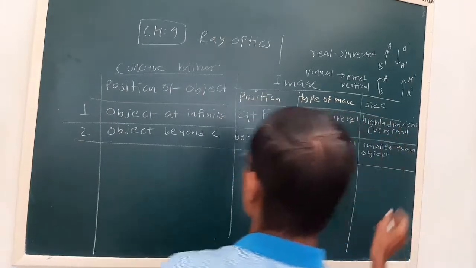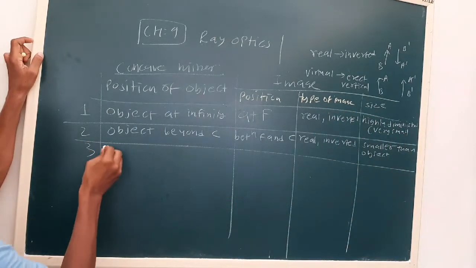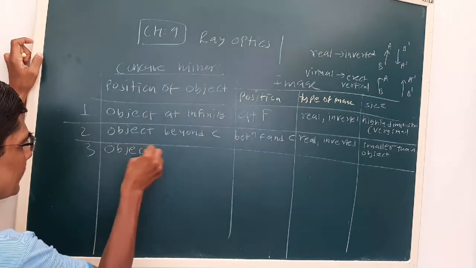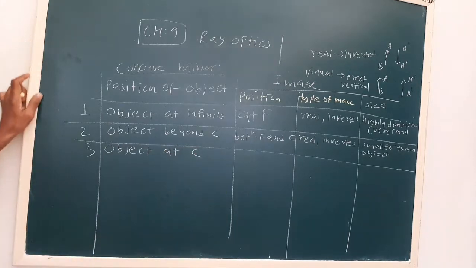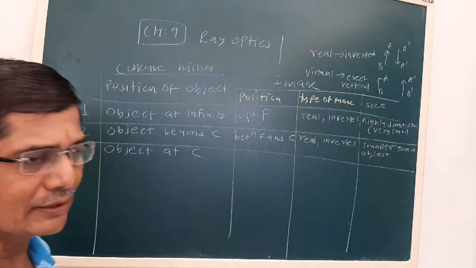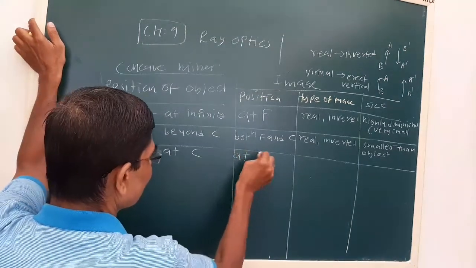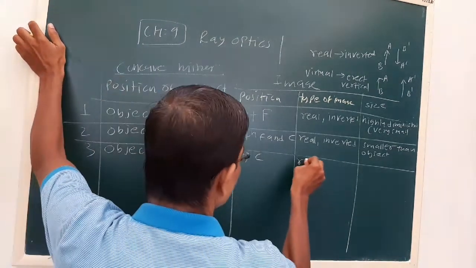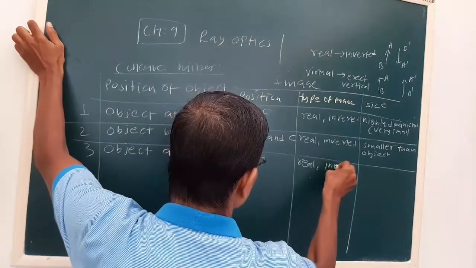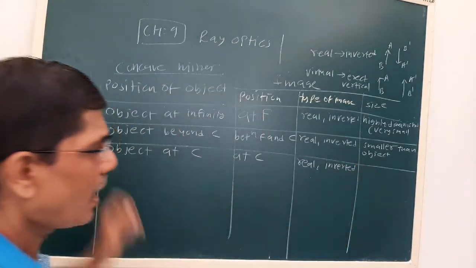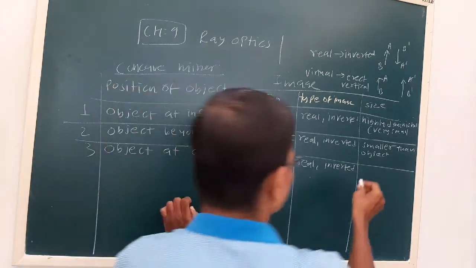This is the second position. See the third position, object at C. This also we will see in a numerical. When the object is at C, the image is also at C. It is real and inverted, and the size will be the same size as the object.